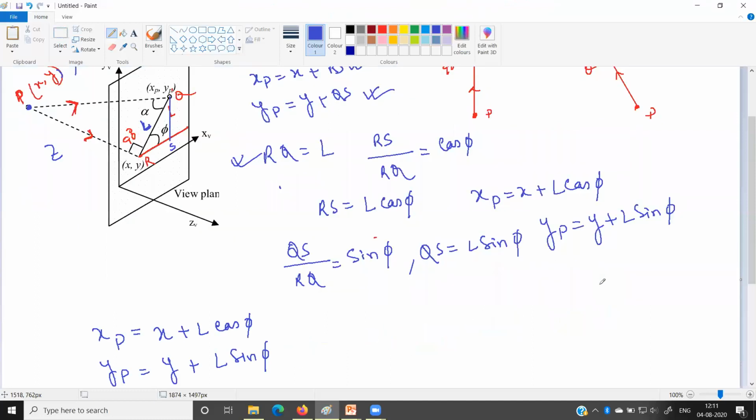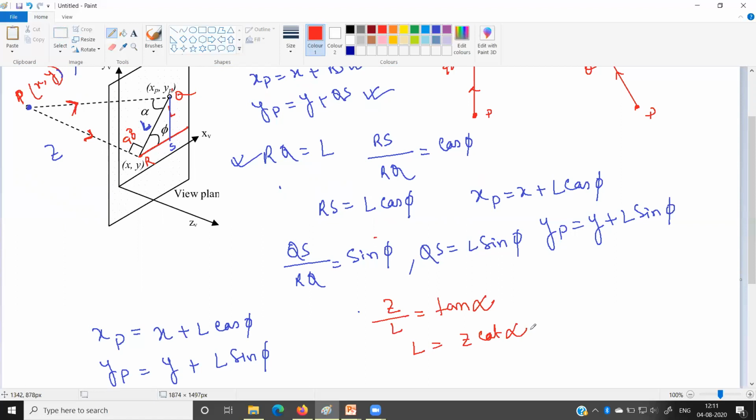We have to substitute L by some known factor. So from this equation, this is Z, this is L. So we can write down that Z by L is equal to tan alpha. Okay. So what will be my L? L will be Z cot alpha. Okay.